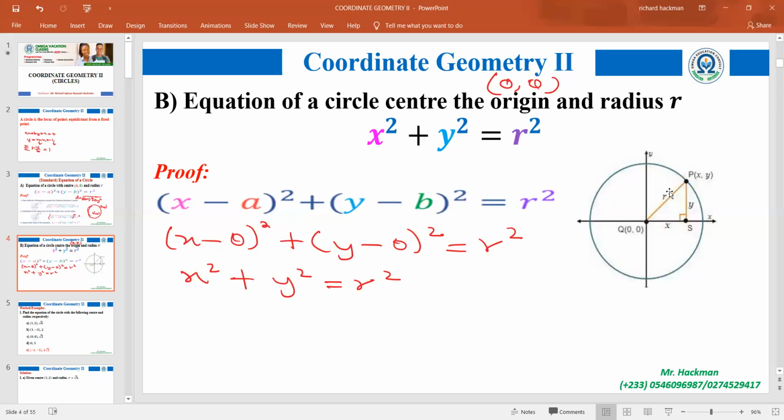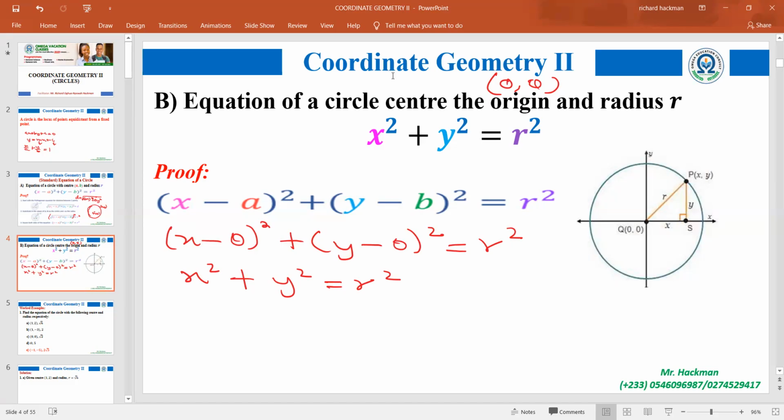That's a special situation. So a center which is the origin demands a special formula, and that's the formula that we have here. Any questions at this point? No, please. Okay, so we are fine.